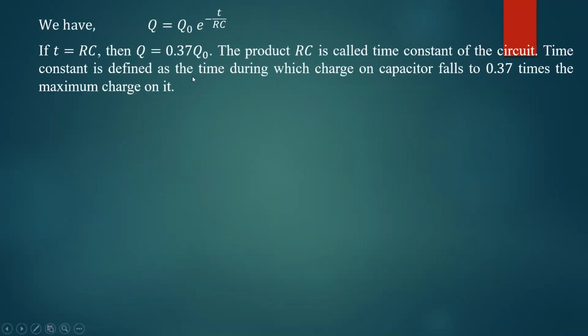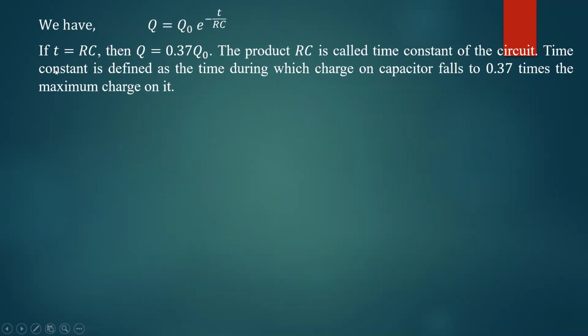And finally, put t is equal to RC in this equation. If t is equal to RC, then q will be equal to 0.37 times q naught. So that is the value of 1 by e. The product RC is called the time constant of the circuit.